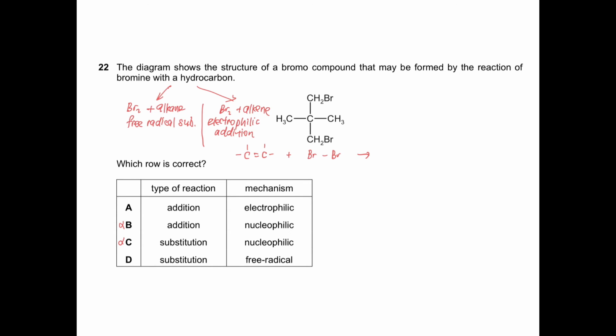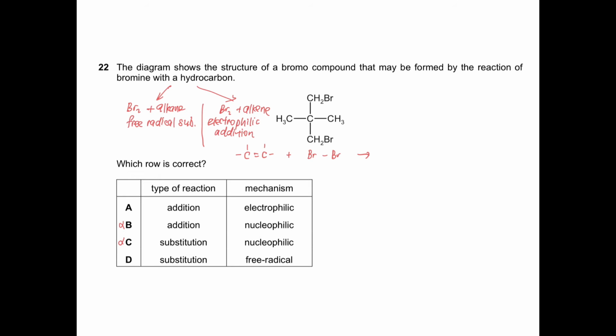The Br positive will go to one of the carbons, and the Br minus will come to the next carbon. Basically that is the mechanism part.